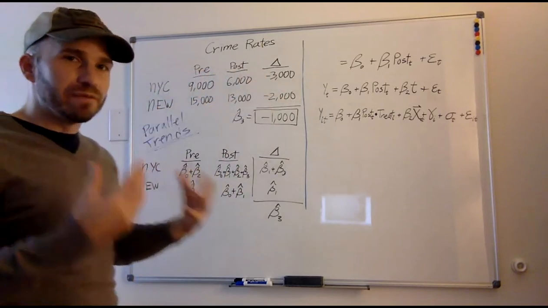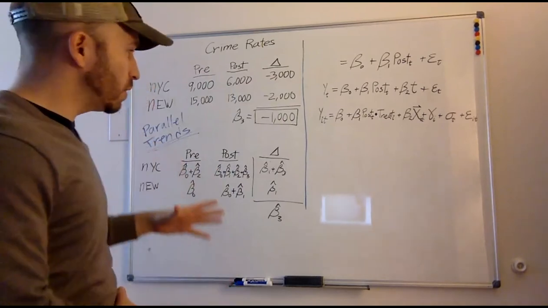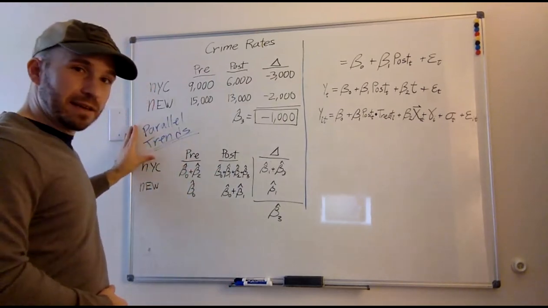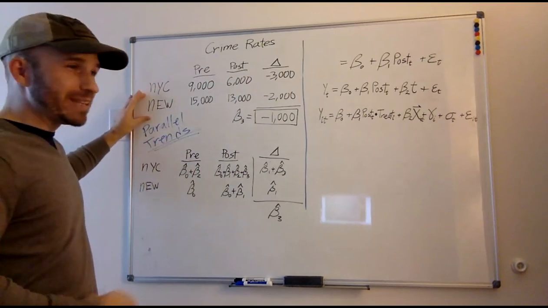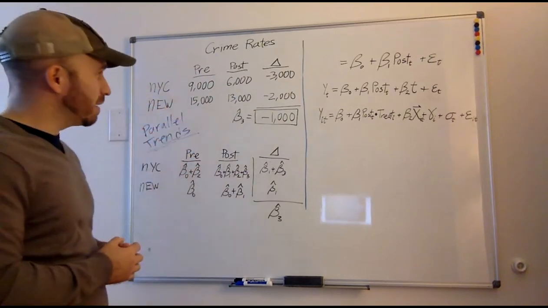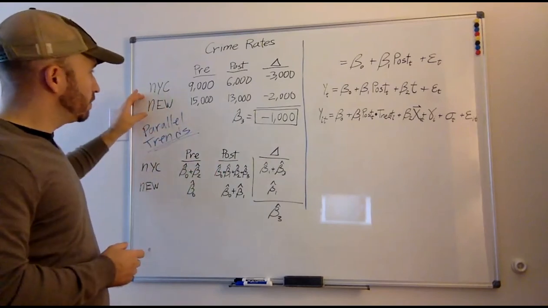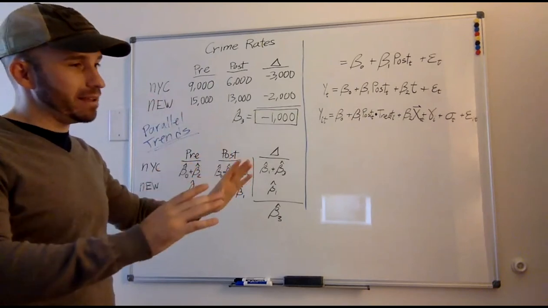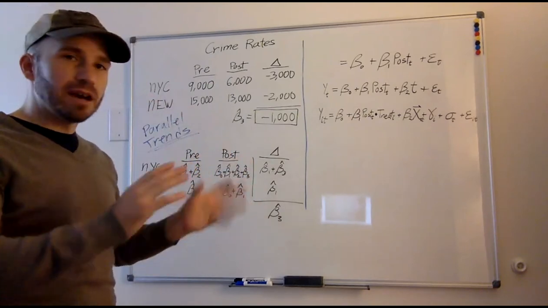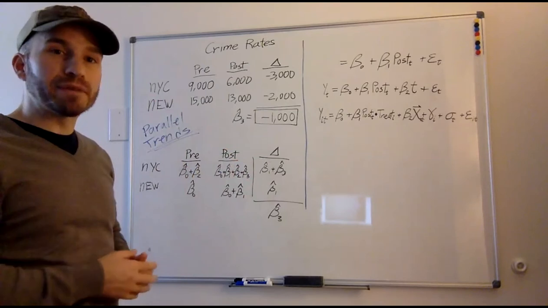So it's a very data-driven attempt to get nice parallel trends between New York and essentially a fictional counterfactual group that has been constructed from the data, a weighted average of the data of a bunch of different potential counterfactuals.